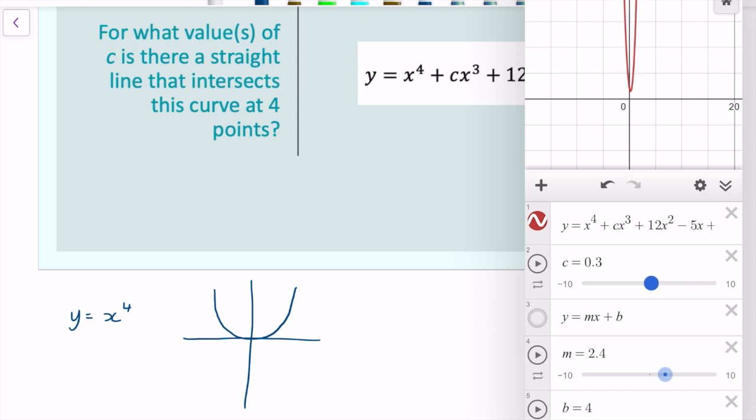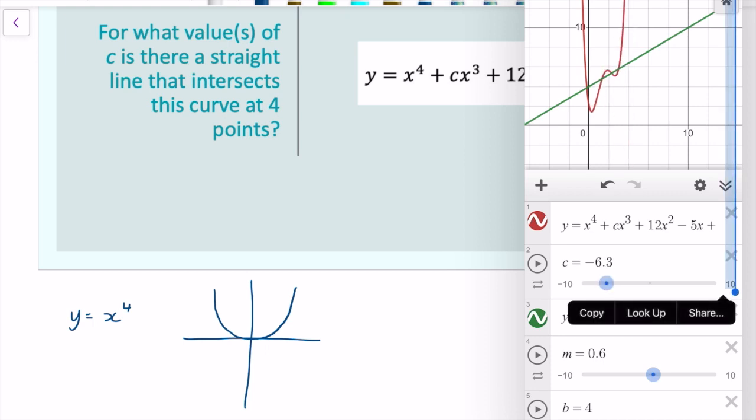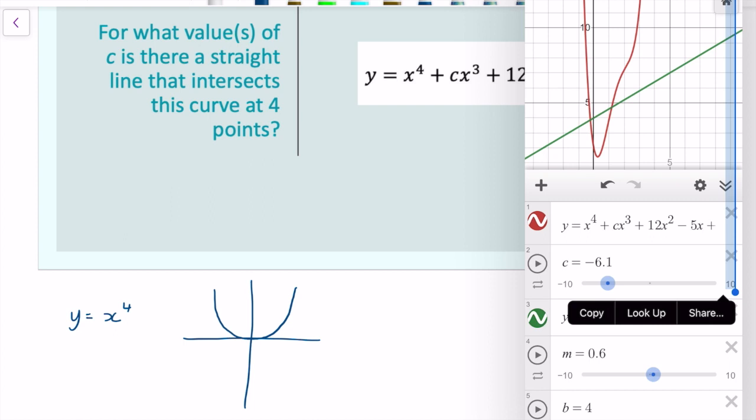And if we cycle through to negative c values, the quartic changes. This one has 3 turning points, so we'd be able to find a line. We'll just adjust the gradient, there we go. But if we slightly alter c, that one has a minimum at this point.